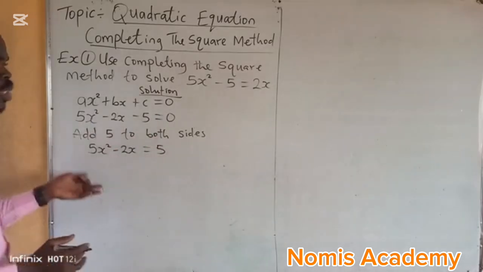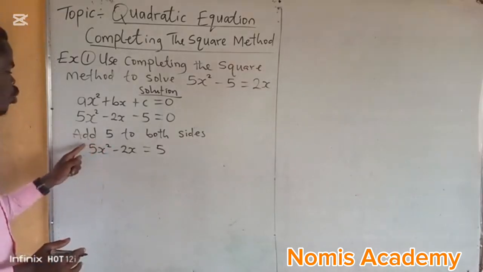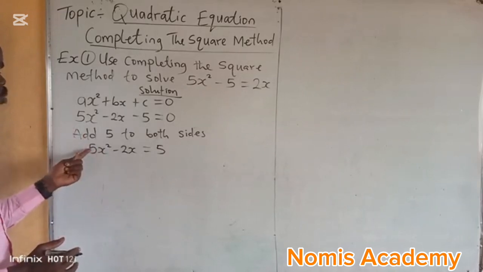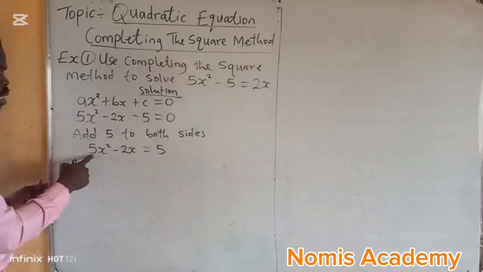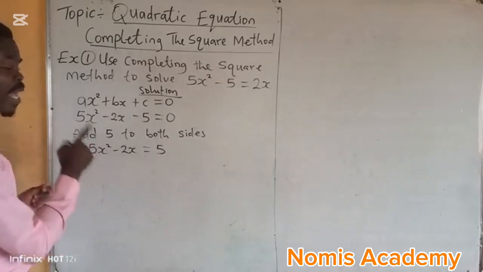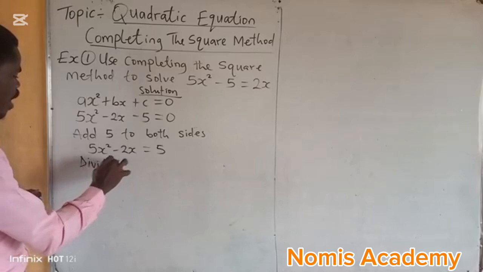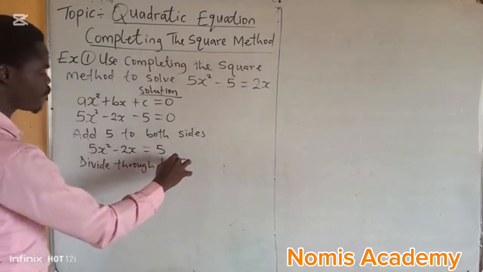Now the next thing we need to do is to make the coefficient of x squared to be 1 instead of 5. So that means we are going to divide throughout the equation by 5.